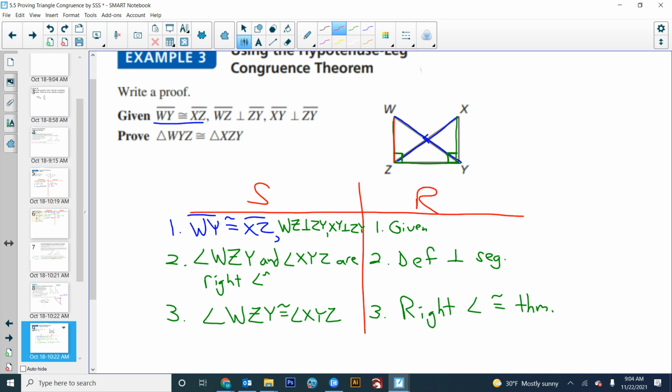She had a light bulb, huh? Absolutely. You're not giving me sass. McKenna, so is ZY to ZY reflexive? It is. Oh my gosh. Do you see it?